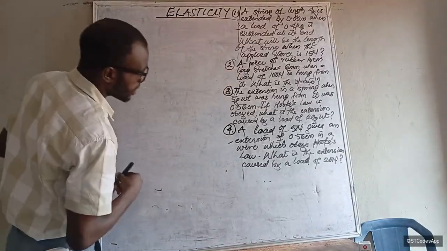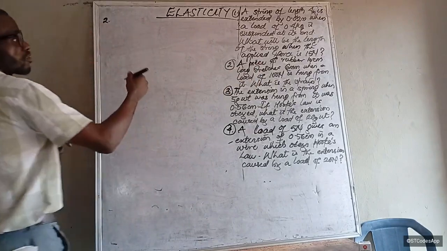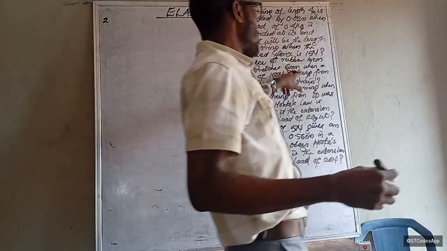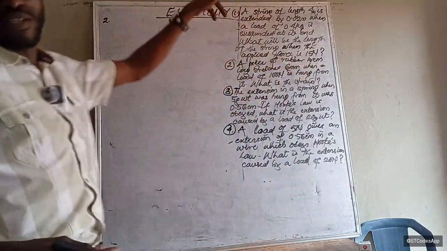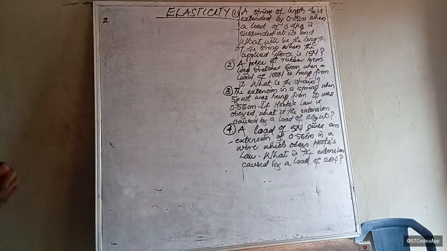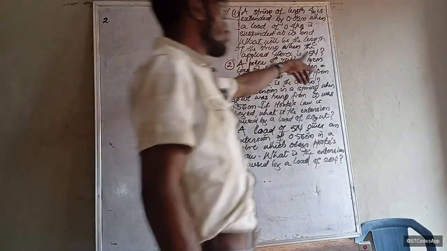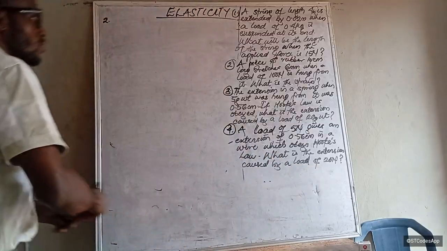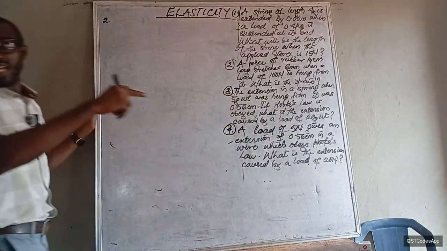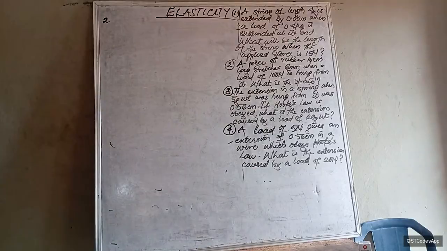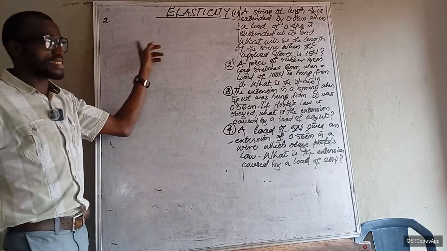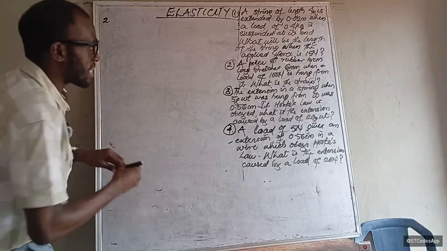A piece of rubber that long stretches 6 millimeters. So you see, there's difference in this unit. You have to convert. So a piece of rubber that the length is 10 centimeters.